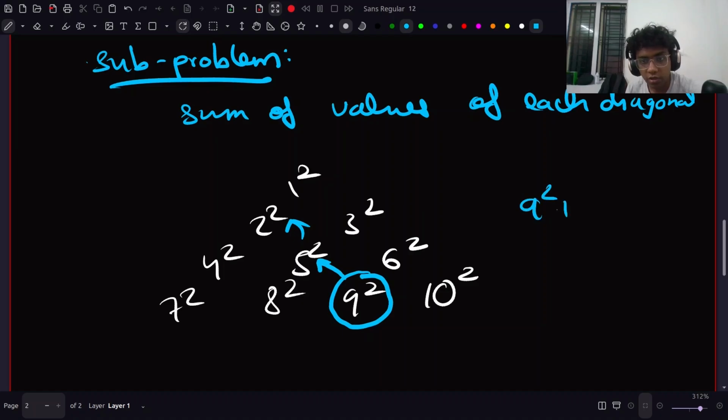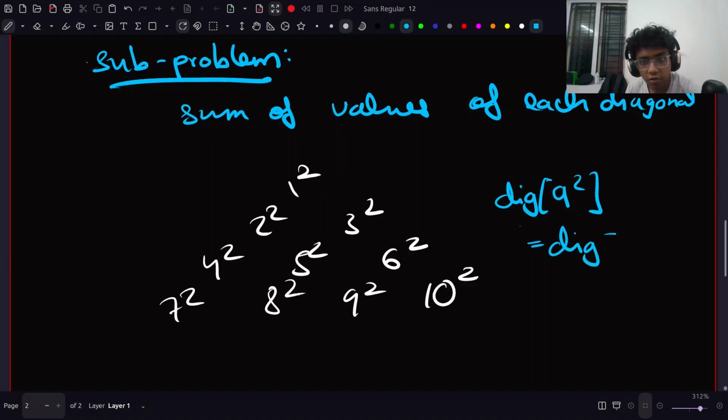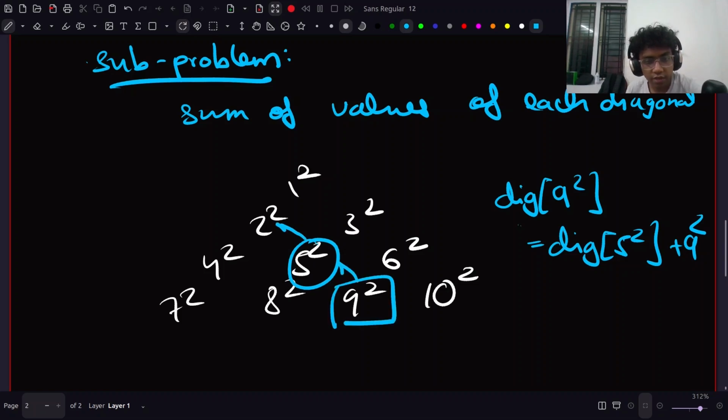I want this value. Now the diagonal of 9 square is simply equal to the diagonal of 5 square plus 9 square. Why is that? Because the diagonal of 5 square itself is 5 square plus 2 square. So we're just adding 9 square to that, right?